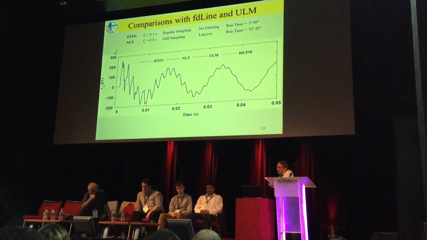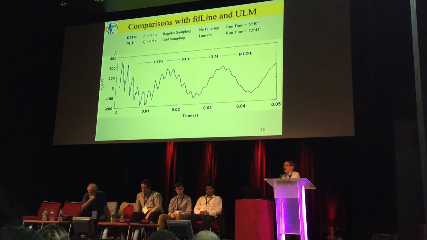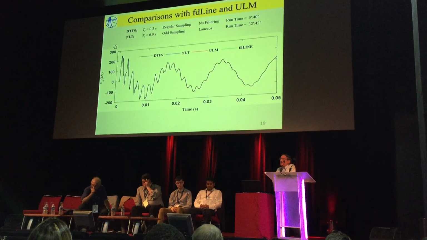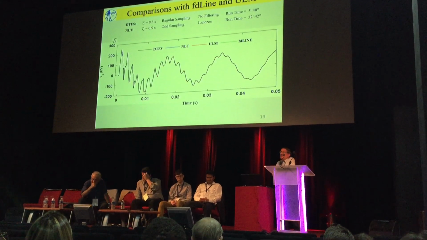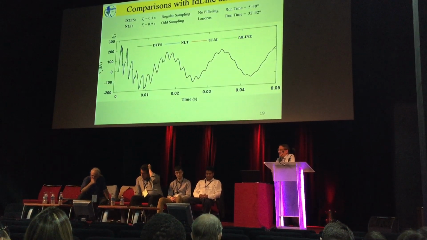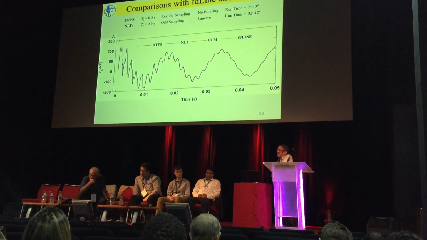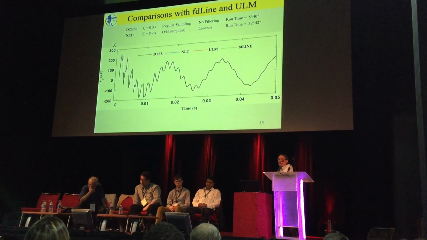This is now a comparison of these Fourier or Laplace domain solutions with the EMTP frequency-dependent transmission models. We compare the results with FD-line from RV and ULM from PSCAD.